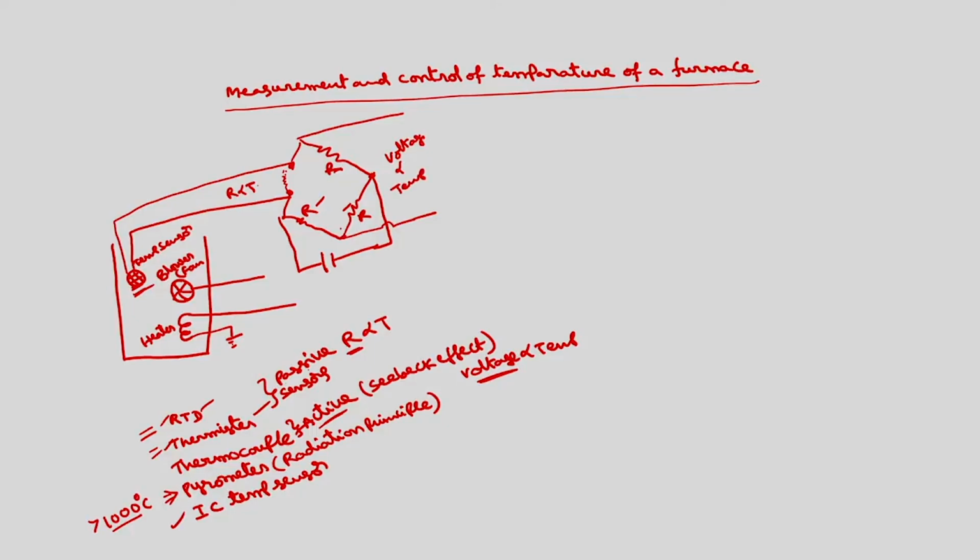This voltage can be converted into a 0 to 5 volts range by using an amplifier or stages of amplifiers. You can use op amp amplifiers. Now here we are going to have a 0 to 5 volts range. So this is all called signal conditioning circuitry.